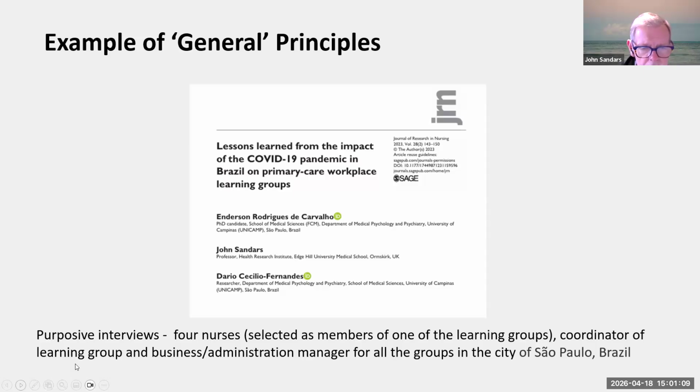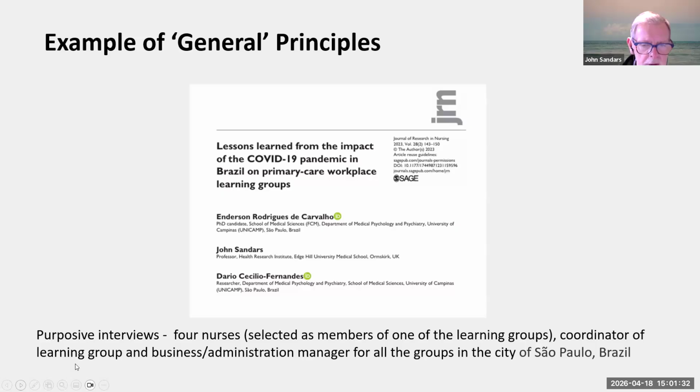So this was essentially a case study in one area of Sao Paulo, which was a primary care workplace learning groups. That's what we were interested in. Within that, we had some embedded case studies with a couple of different learning groups.